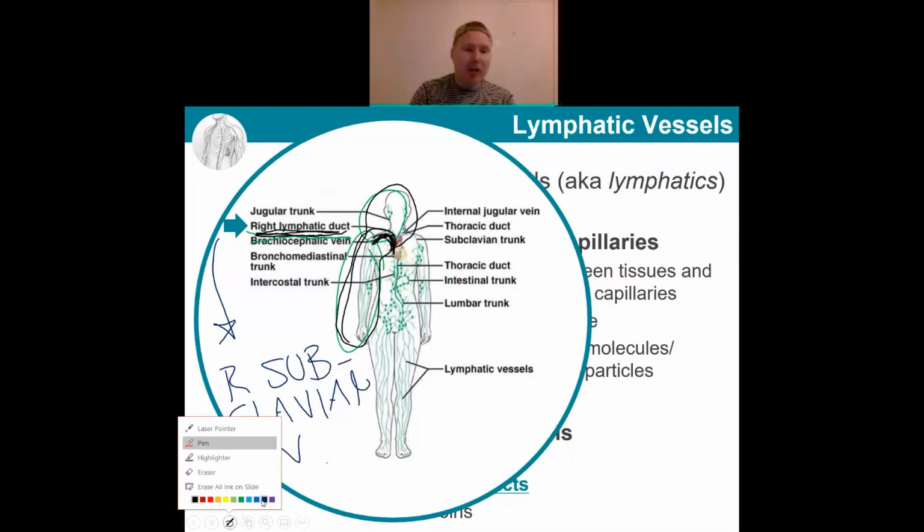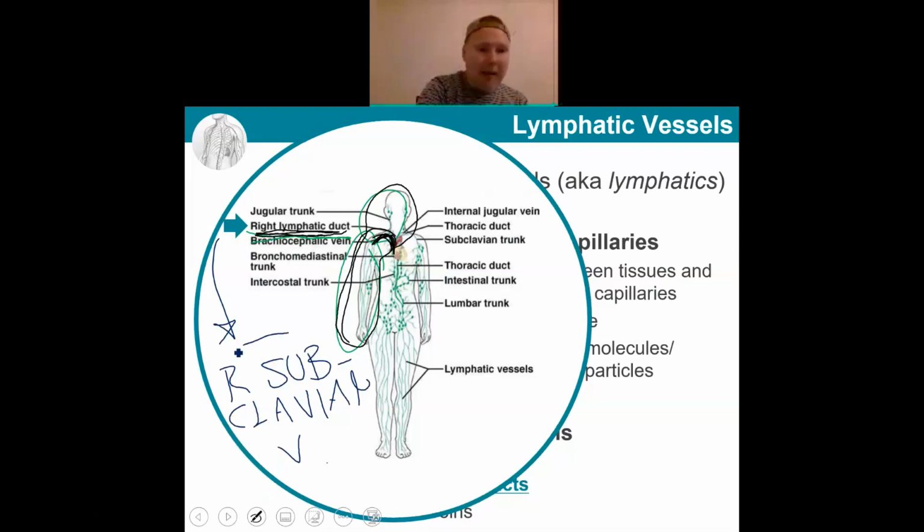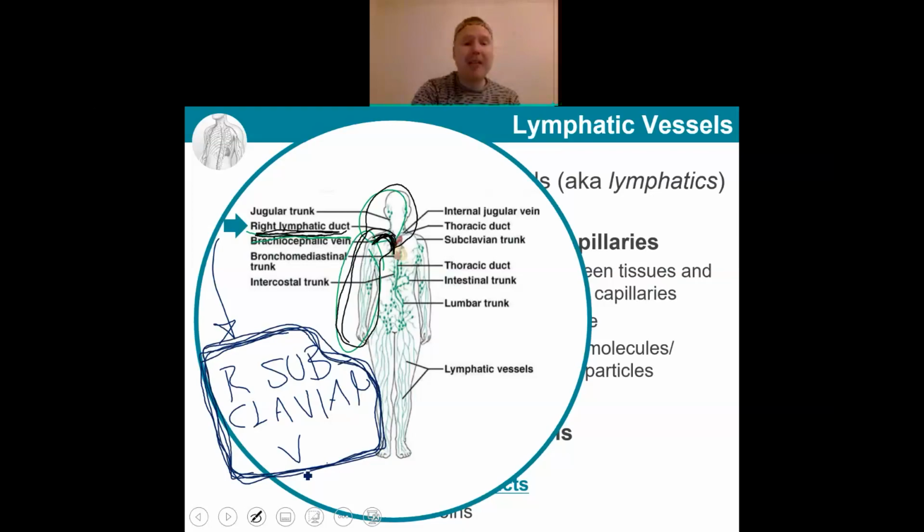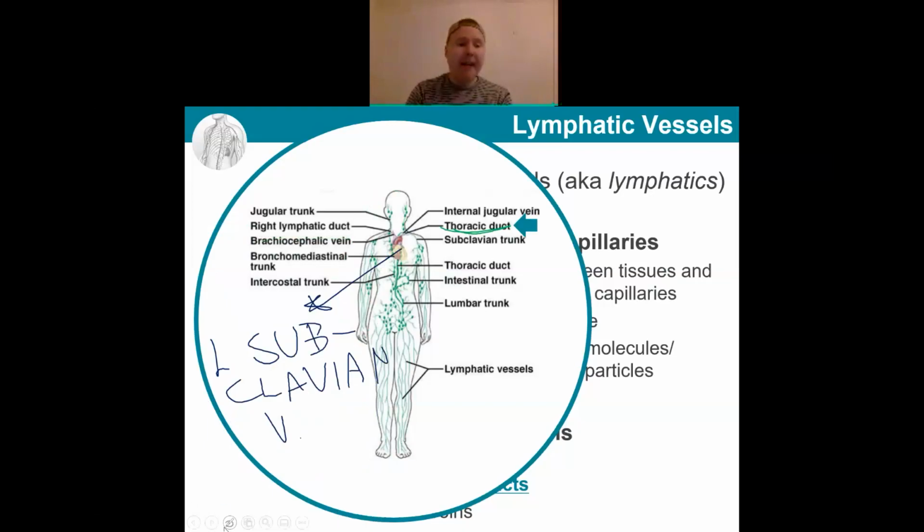So this is the structure I mentioned: when the lymphatic system has carried all the lymph close to the heart, it connects to the cardiovascular system. And the vessel that it connects to is the subclavian vein. And on the left-hand side, similarly, we have the thoracic duct.